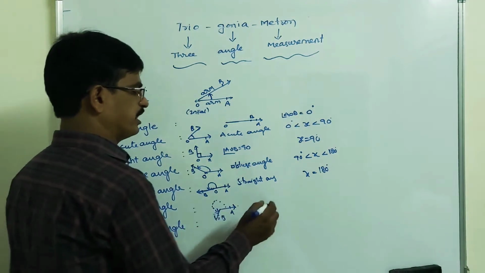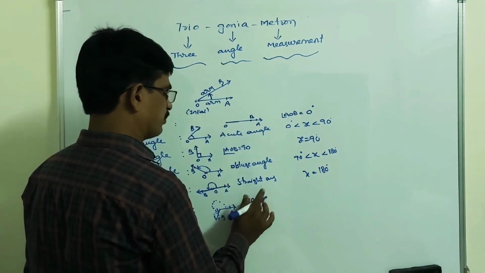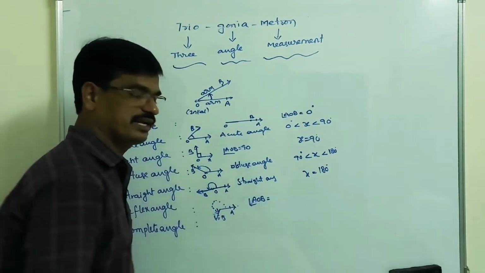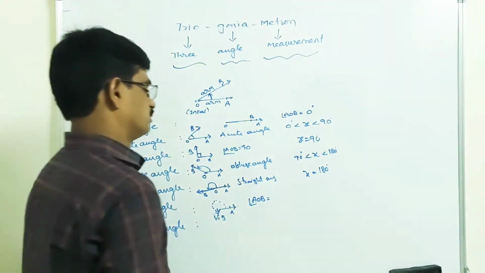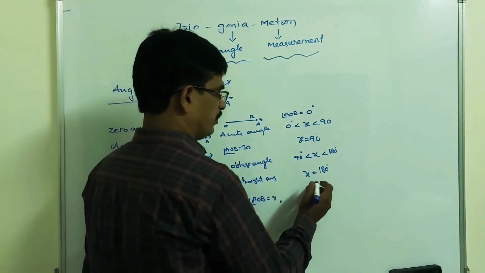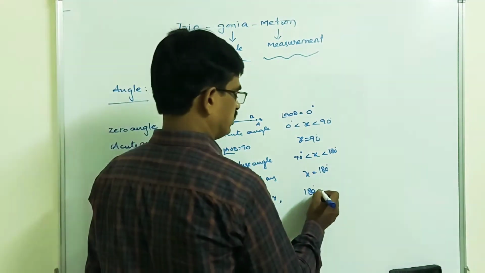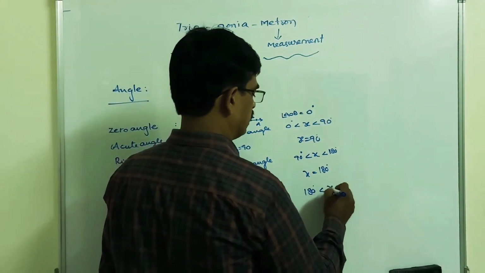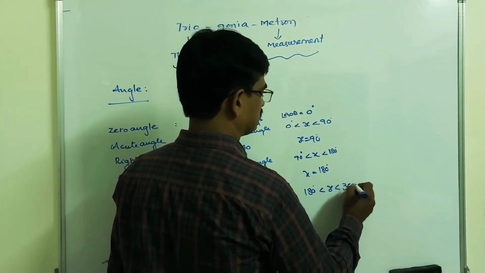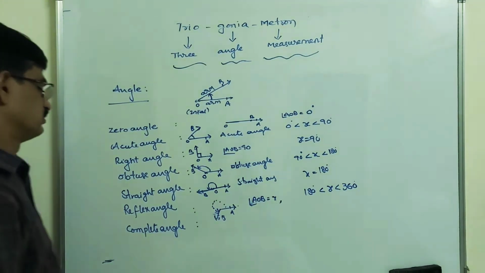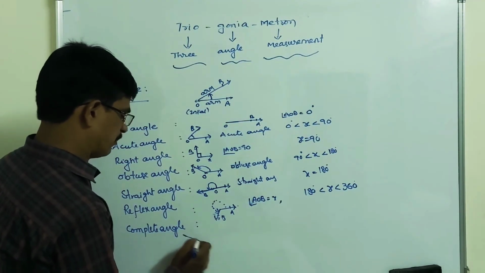Then the angle made by ray OB with OA is a reflex angle. Reflex means where x lies greater than 180 degrees and less than 360 degrees.